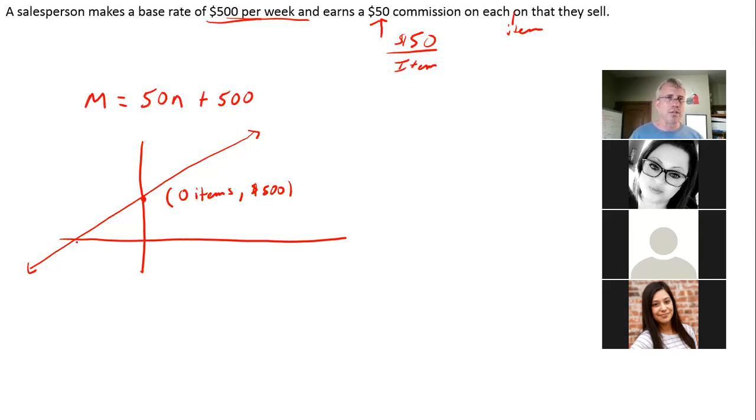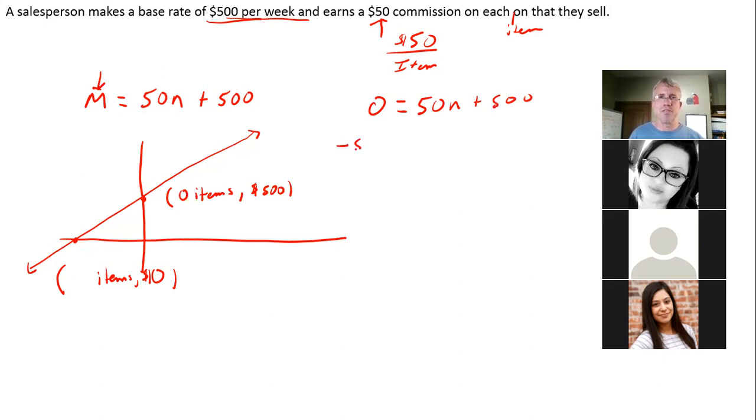So then you go get this other intercept. You know what this intercept is? It's some number of items, and the output is $0. So we could take the time to calculate this. $0 means replace money with $0. 0 equals 50 times N plus 500.